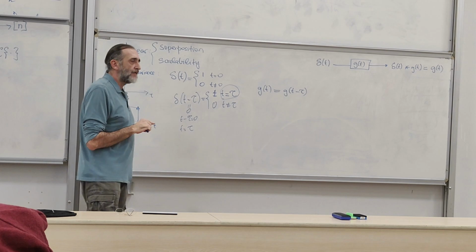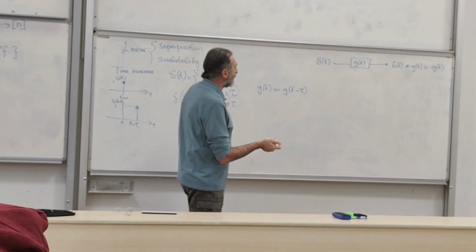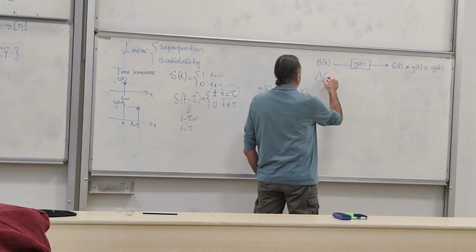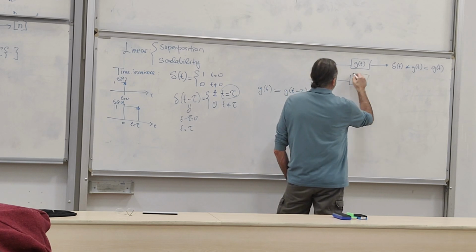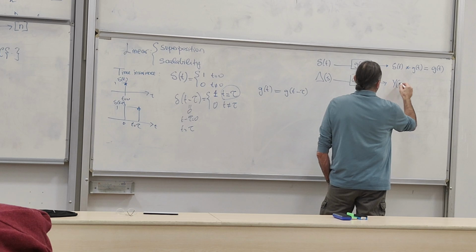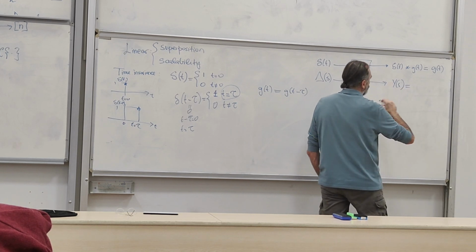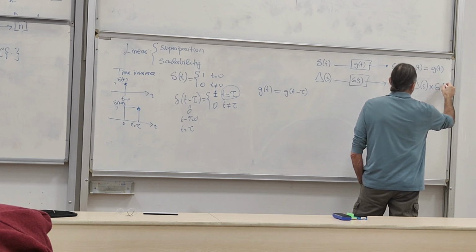And the way to prove this is by going to the Laplace domain. Delta of s, delta goes to delta, G of s, and Y of s has to be equal to delta of s times G of s.